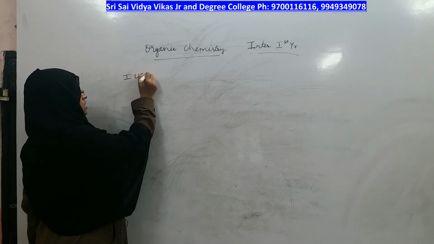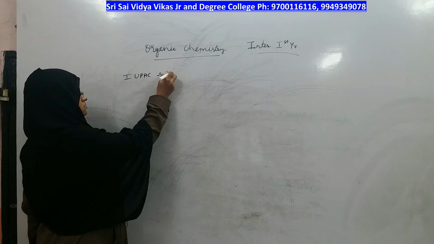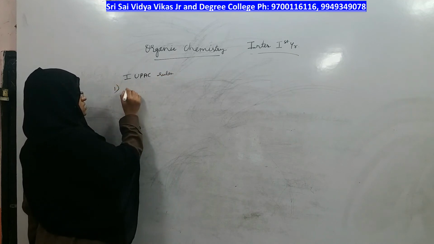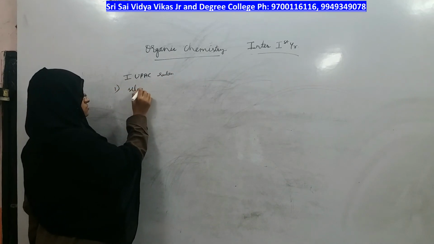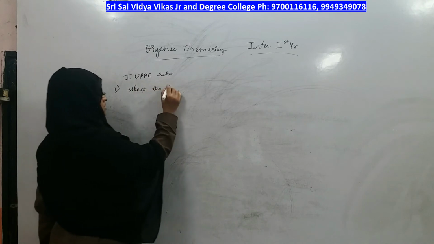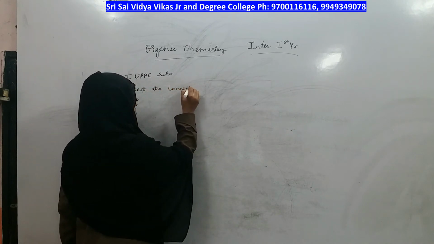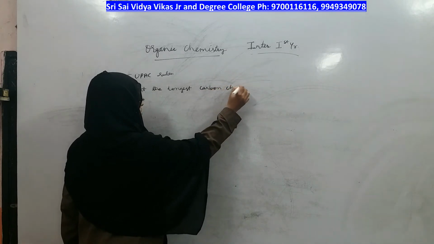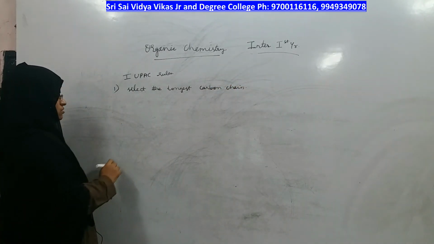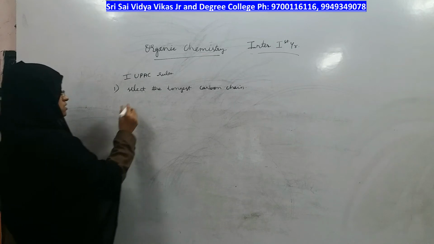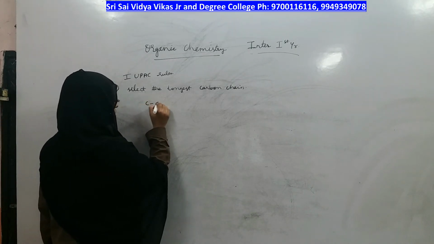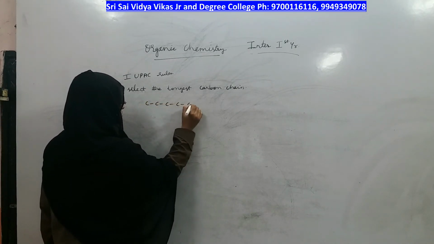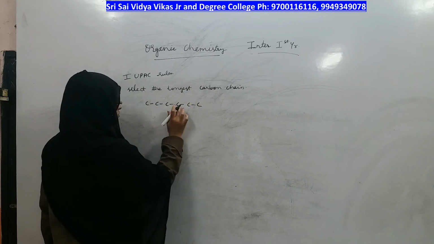So let us start the IUPAC rules. First rule is select the longest carbon chain. Always. Okay. How? Suppose I am having a compound, 1, 2, 3, 4, 5, 6.